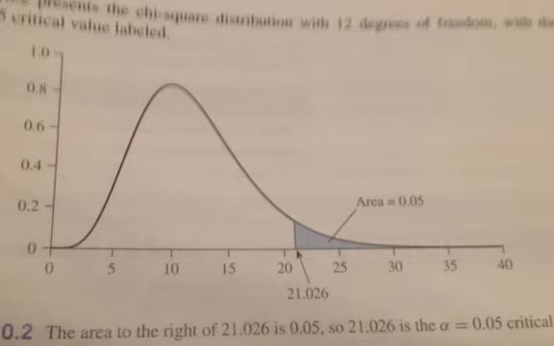If a significance level is 0.05, it means that we have 5% in the tail. So that's our critical zone. We are interested in that 5% to see if our chi-square value will fall within that critical zone. So the significance level is the same as the area of the critical value in the right tail.